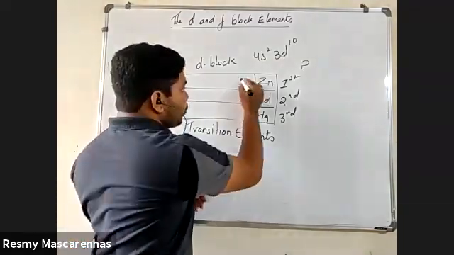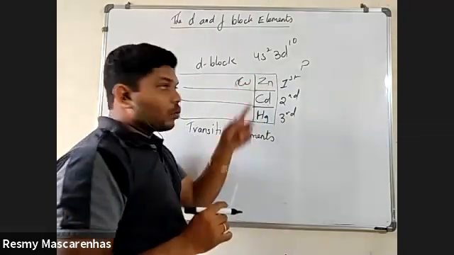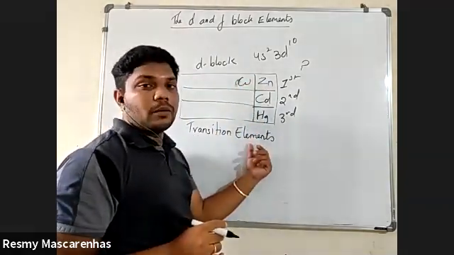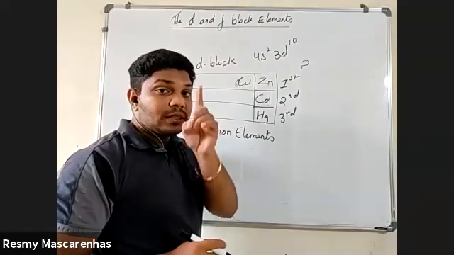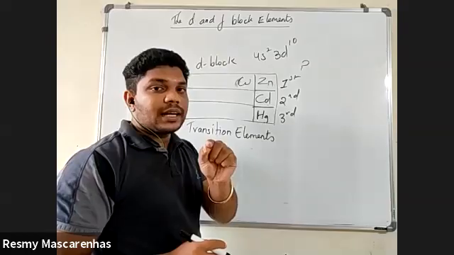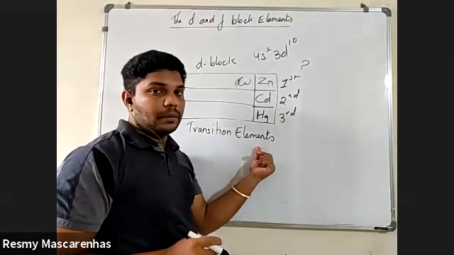Now copper is here. Copper can be called a transition element. Why? Because the last shell is incomplete, as one electron is still remaining to fill. So whenever incomplete shells are there, that particular element can be called a transition element.